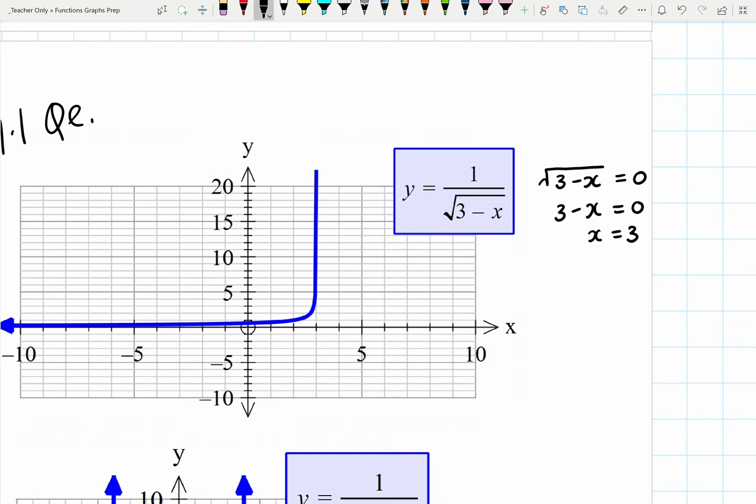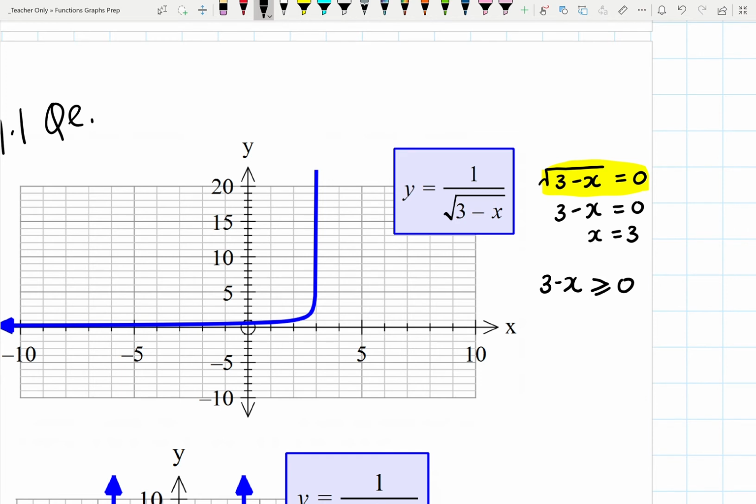If we just look at that, we've actually only considered half of the possibilities, because it's not only the denominator equaling 0 that's going to cause some problems. We know that there'll be an asymptote when the whole denominator equals 0. But we also know that 3 minus x, because it's under the square root sign, has to be greater than or equal to 0.